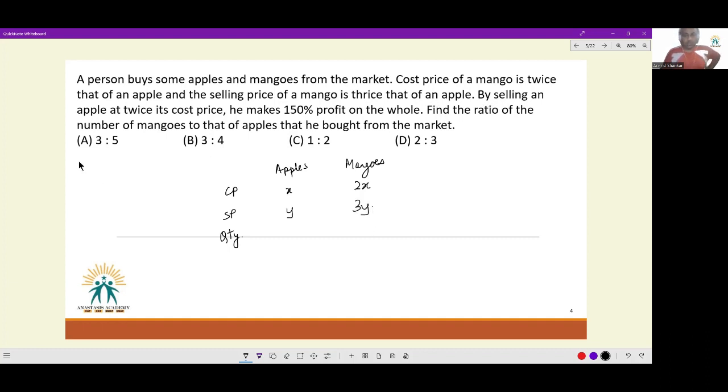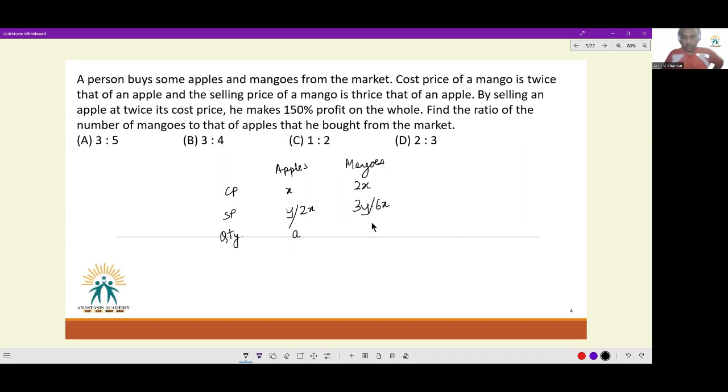Okay. By selling an apple at twice its cost price, which means the selling price here becomes 2X. Because it becomes 2X, the selling price here becomes 6X. He makes 150% profit only.